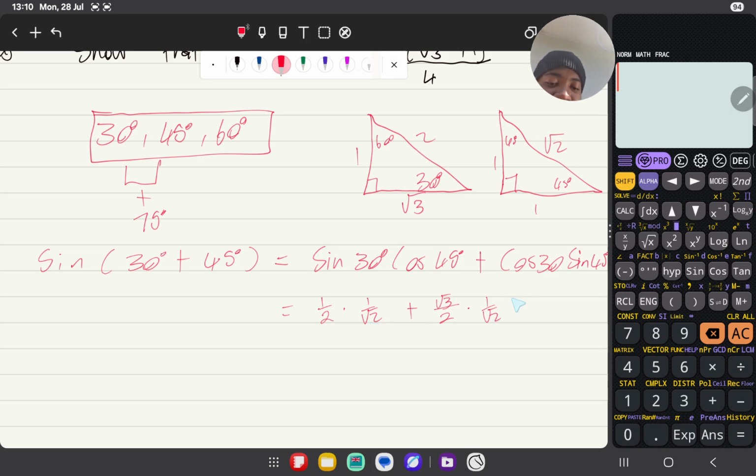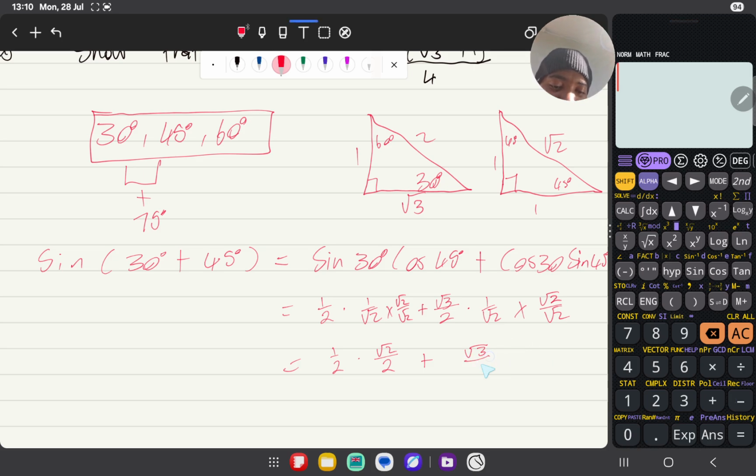You can multiply by square root of 2 over square root of 2. We're going to have 1 over 2 multiplied by square root of 2 over 2, plus square root of 3 times square root of 2 over 2.